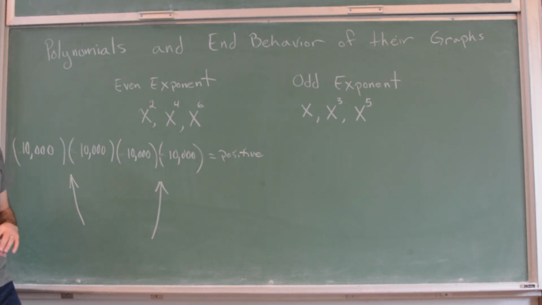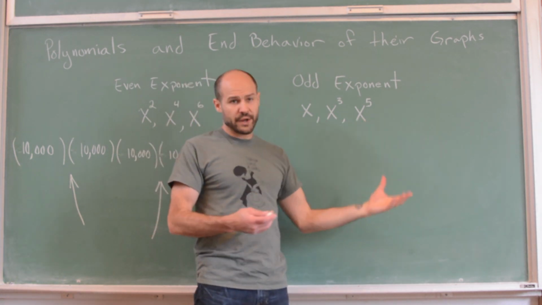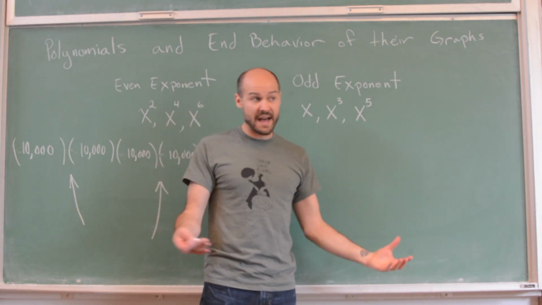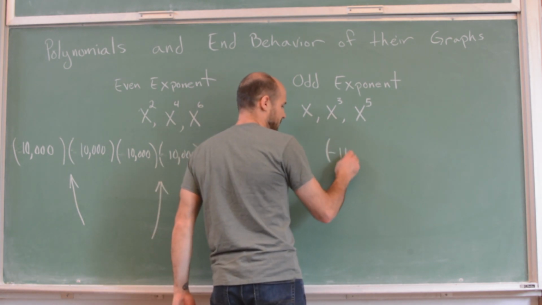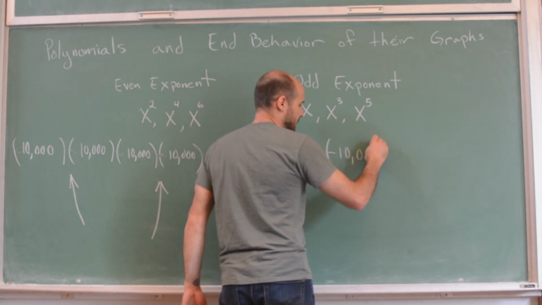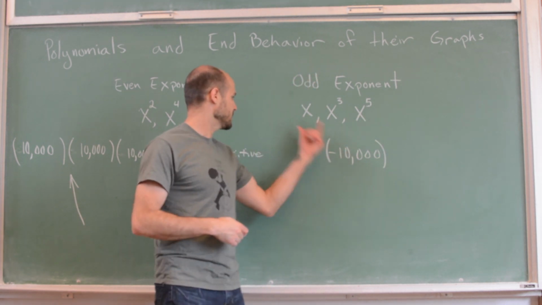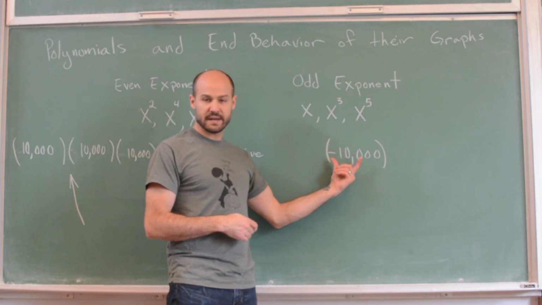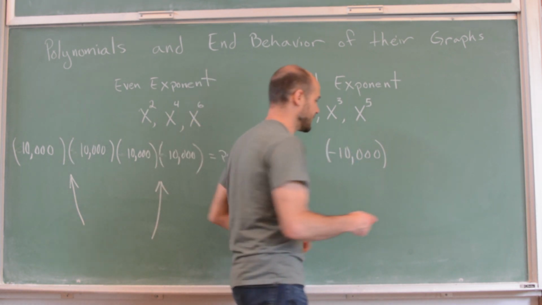Let's see how it's different for the odd exponent leading terms. This means we're only going to have 1 or 3 or 5 factors. So look at what happens when we plug in negative 10,000 here. If we plug in 1 negative 10,000, that's a negative value. So when we plug in a negative value, we get a negative value.